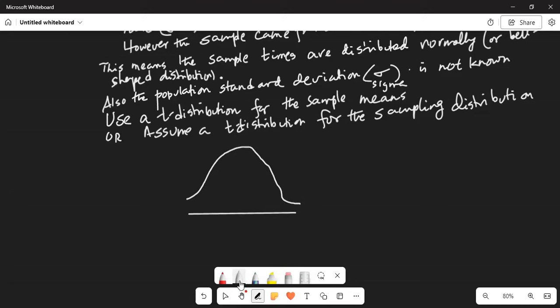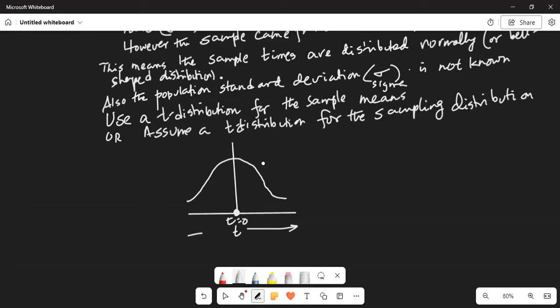At the center, where the peak is the highest, t is equal to 0 on the horizontal axis.